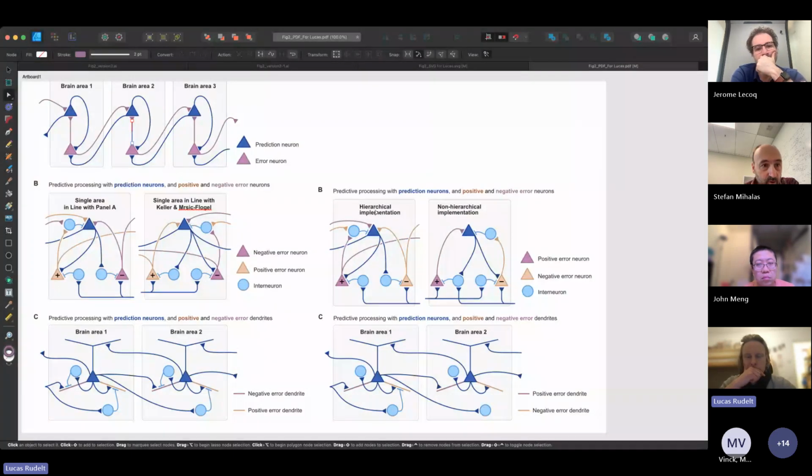Just one question. In this hierarchical implementation one, which would be the version we propose because it's in line with A, whatever comes in, the nature of that determines where it's going, whether it's going to the interneuron or to the prediction neuron directly. So you would solve that by just saying it's an arrow coming in to this level here.